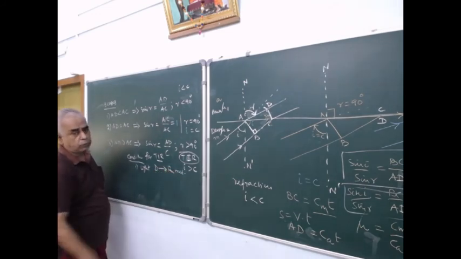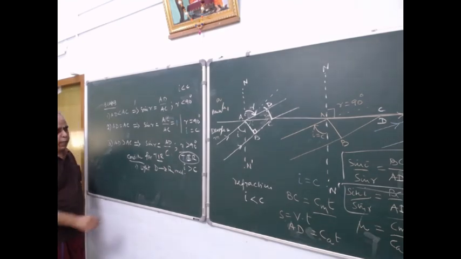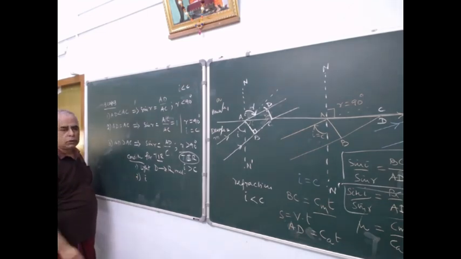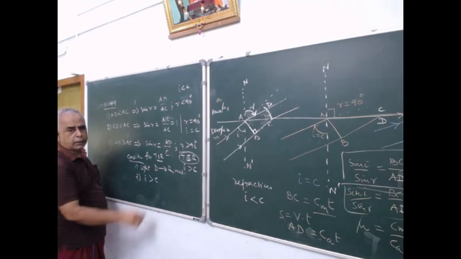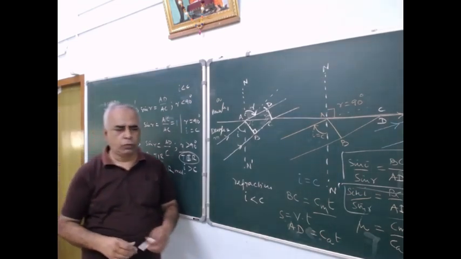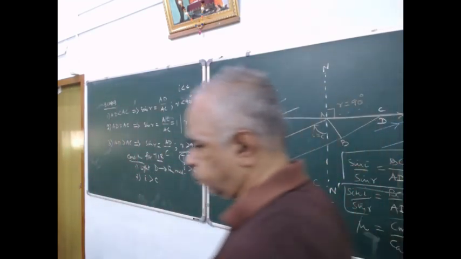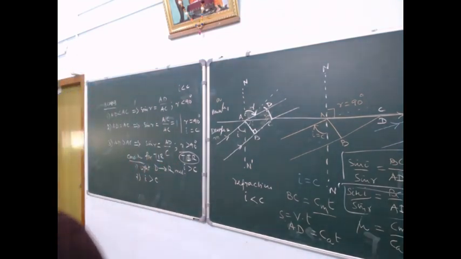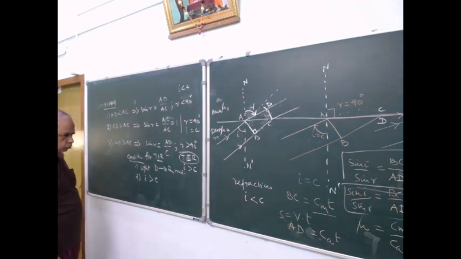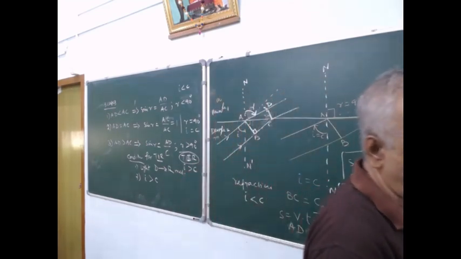Second, the angle of incidence should be greater than the critical angle. So these two conditions are very important for exhibition of total internal reflection. Is it clear? It is almost similar to the ray optics where we have studied total internal reflection. Now we are interpreting it in terms of wavefront. That makes the difference.